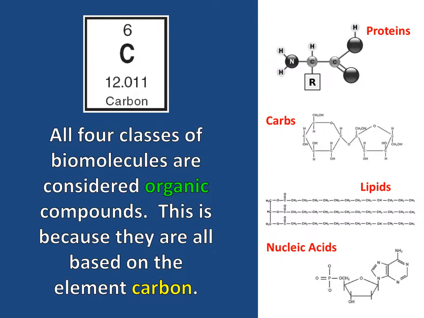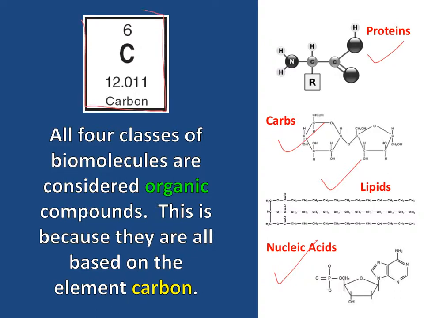So all 4 classes of biomolecules, our proteins, our carbs, our lipids, and our nucleic acids, they're considered organic compounds. And that doesn't mean like when you go to the store and you buy your organic fruits and vegetables, but in science, the word organic means that they are all based on the element carbon.